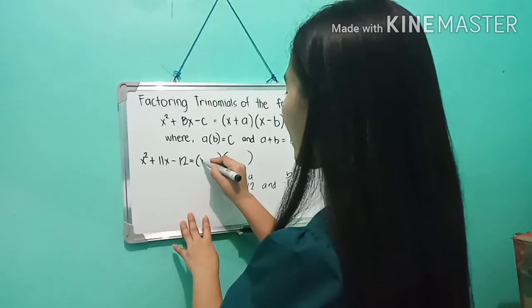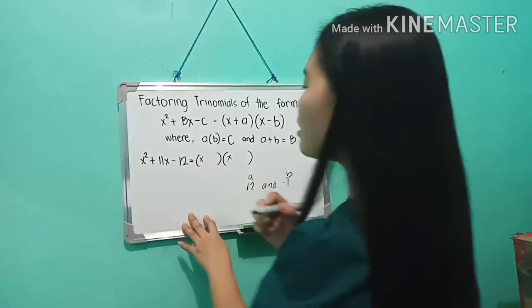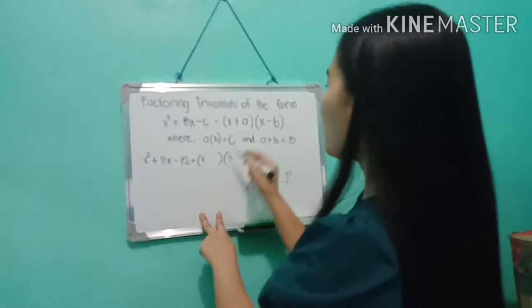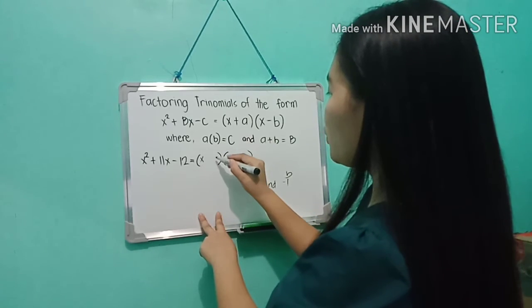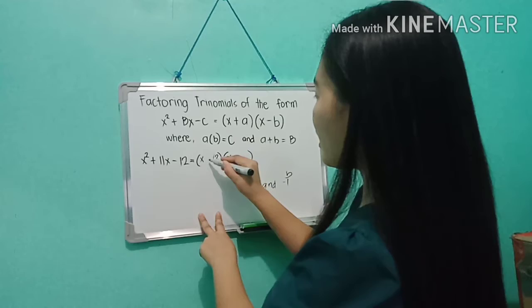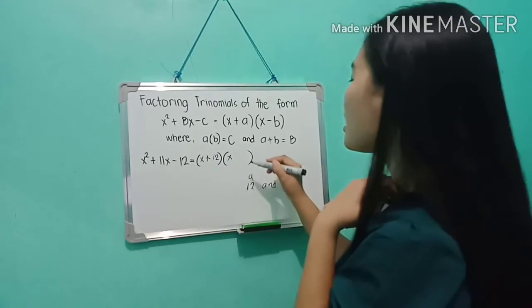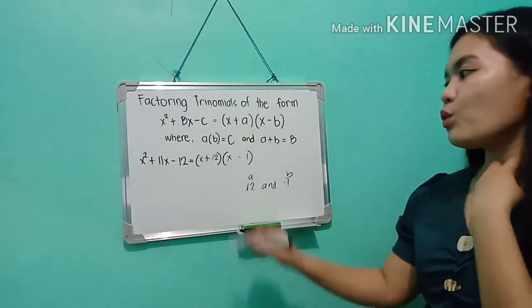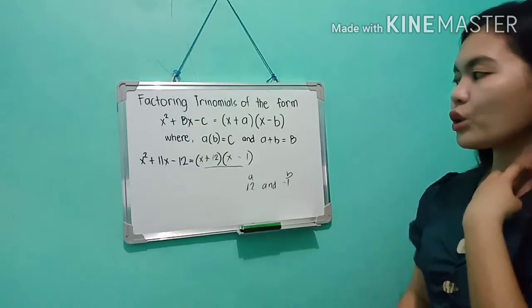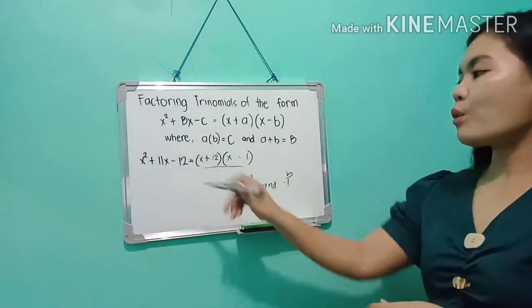So, lagay natin si X and X. So, since mas malaki yung 12, lagay natin dito is positive. At saka yung 1 dito, ilagay natin si negative 1.